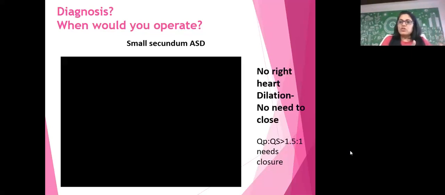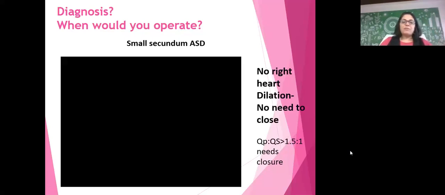Let us say my systemic blood flow is 5 liters per minute. If my pulmonary blood flow is 6 liters per minute, that is a QP:QS of 1.2:1. It's not very high. There's going to be no right heart dilation, and that little extra flow is not going to cause pulmonary hypertension in the future.